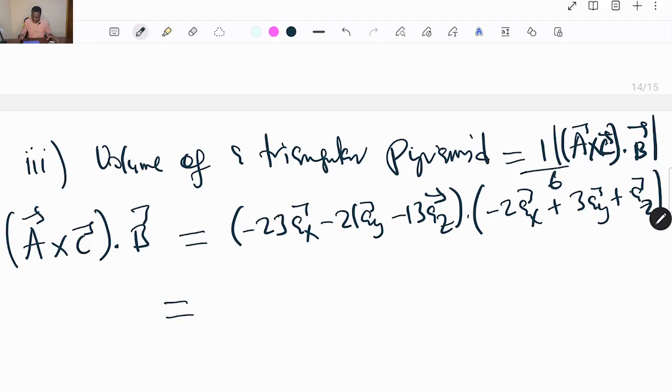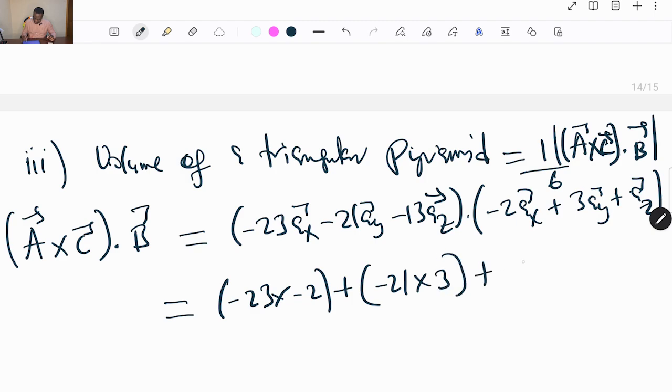Now we can get the dot product of this, which is simply the sum of the products of the corresponding coordinates. So we have minus 23 times minus 2 plus minus 21 times 3 plus minus 13 times 1.